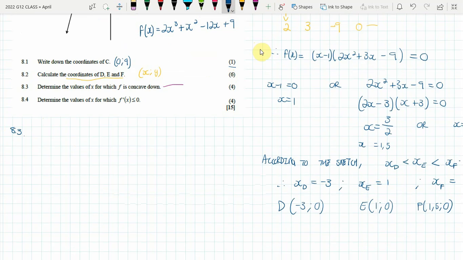So we must use f to get the second derivative. But what is the first derivative first?